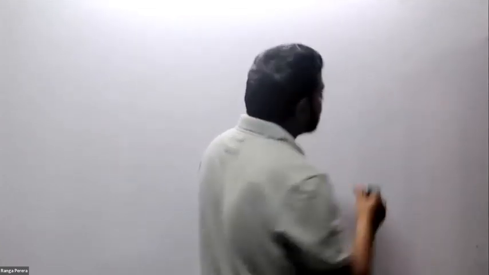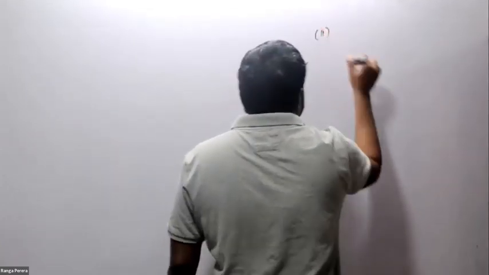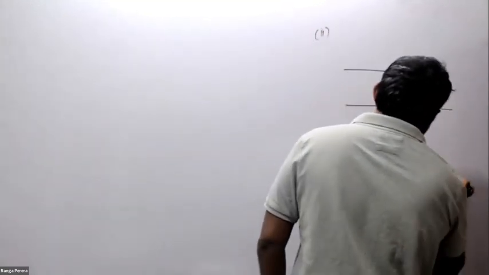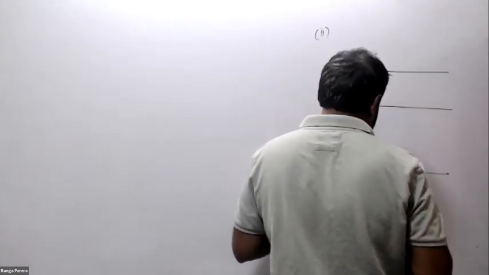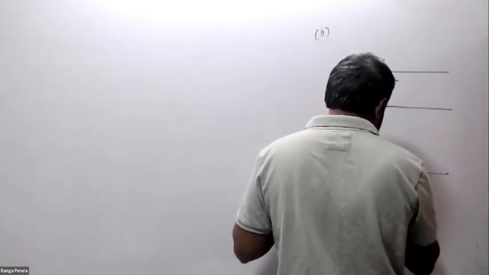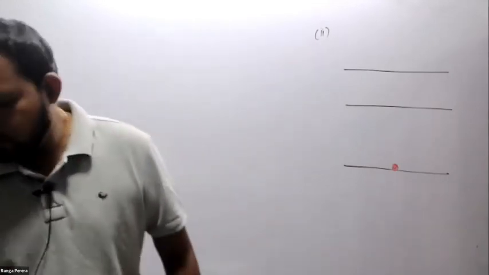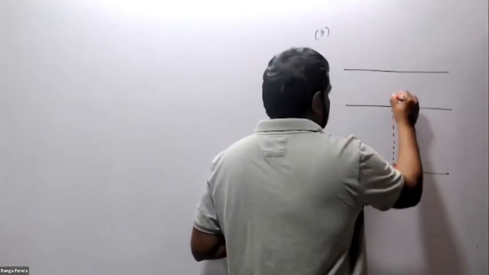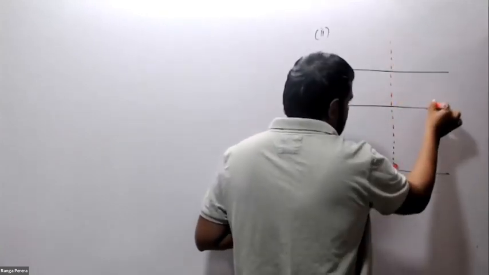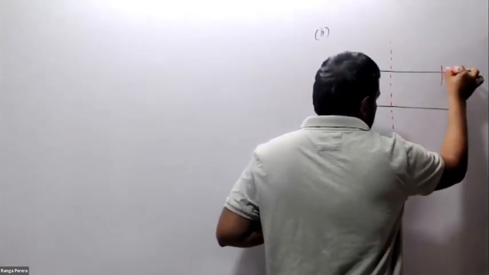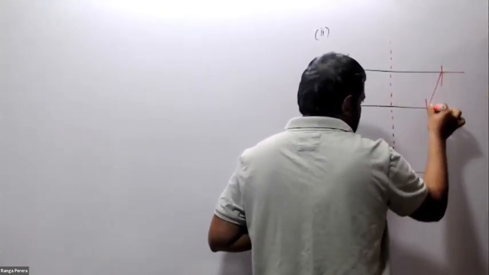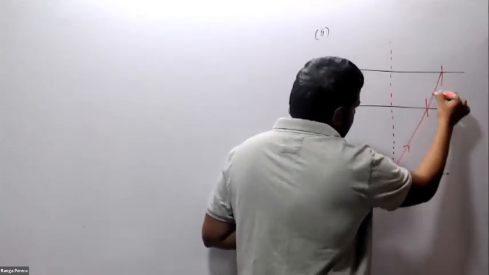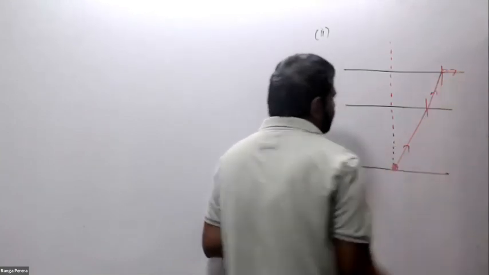For part B, part 2. Bends towards the normal, this is 90.